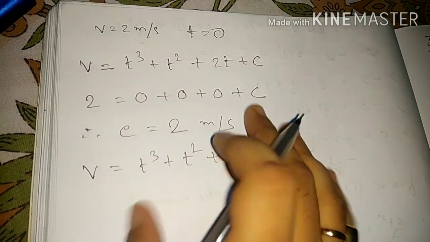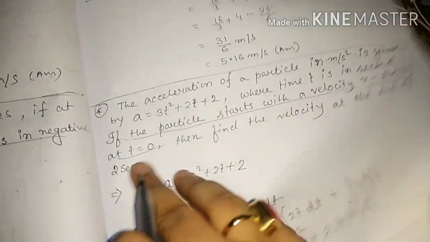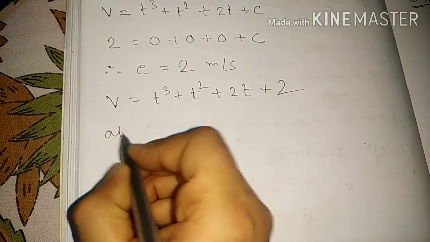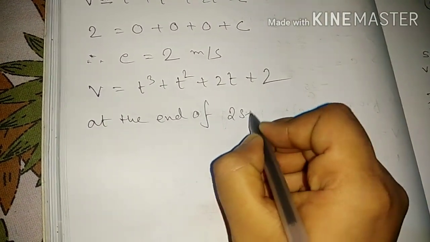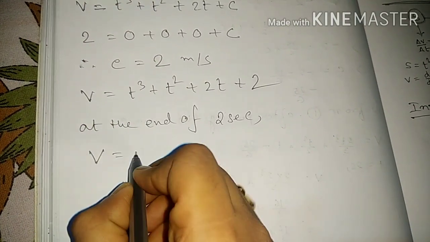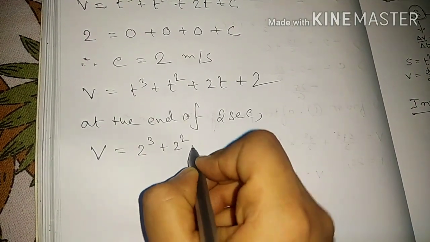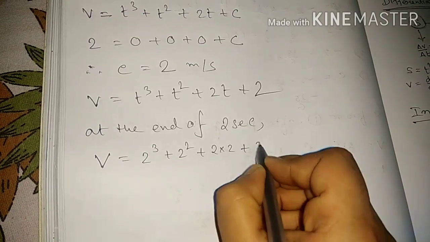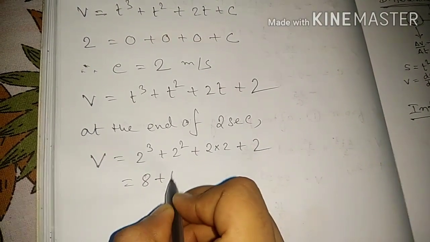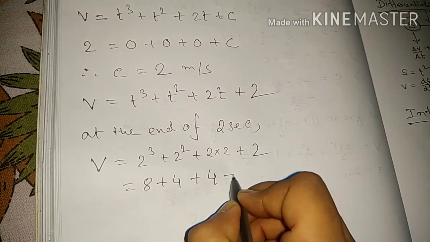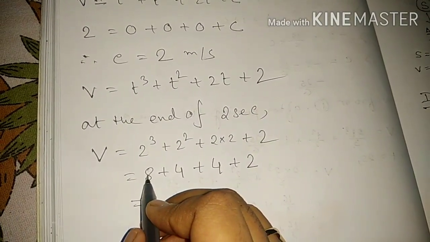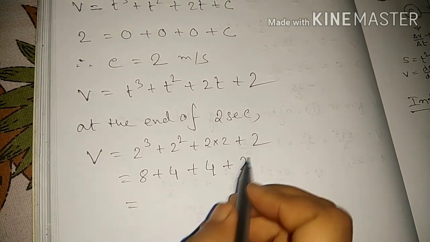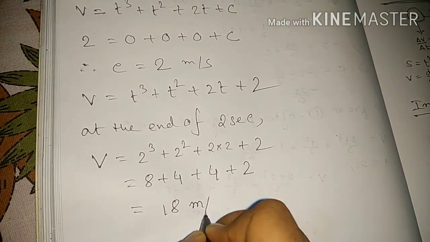Now there is no constant term. So at what time do we find the velocity? Find the velocity at the end of 2 seconds. At the end of 2 seconds, velocity v equals 2 cube plus 2 squared plus 2 into 2 plus 2, which is 8 plus 4 plus 4 plus 2. 4 plus 4 is 8, 8 plus 8 is 16, plus 2 is 18 meters per second.